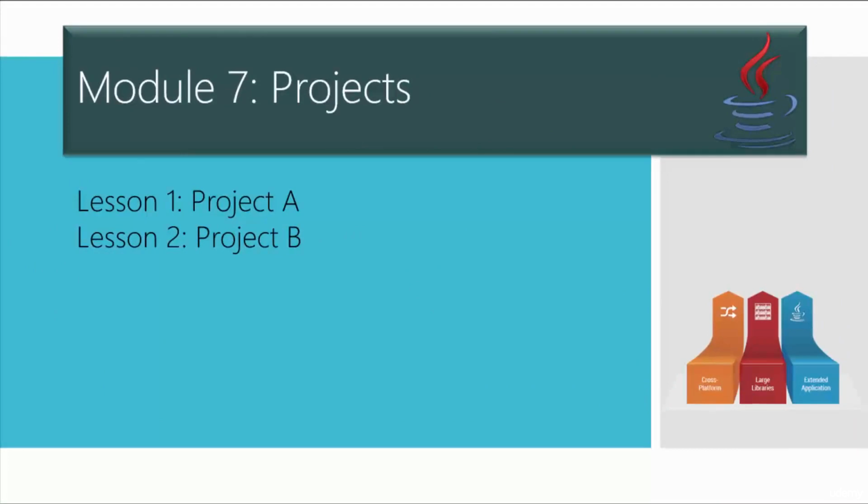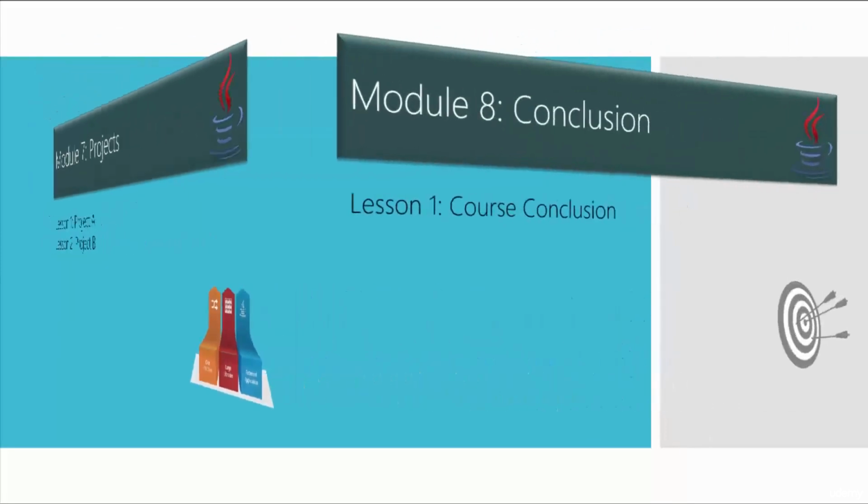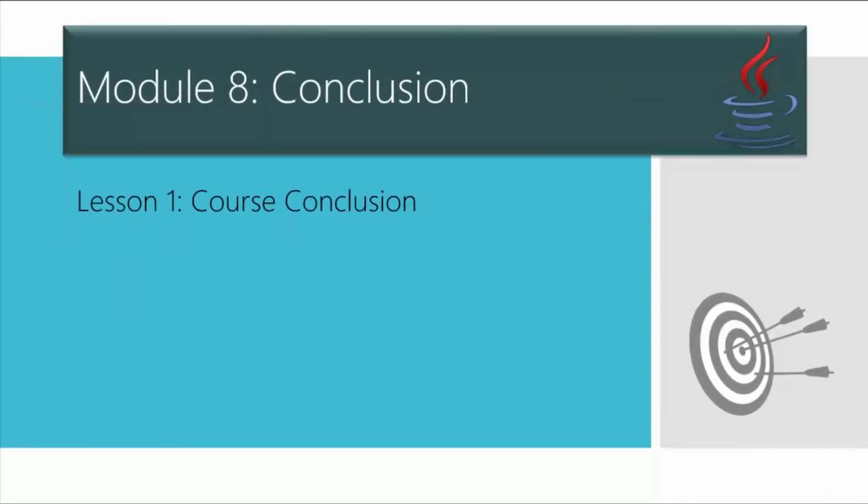Module 7, we'll take a look at a couple of projects, and these projects are primarily based on whatever we've learned in previous lessons. I'll demonstrate by using simple programs and code just to reinforce some of the learning concepts. And finally, Module 8 will conclude this course, and I will recap several lessons that we've learned and the key concepts in Java.